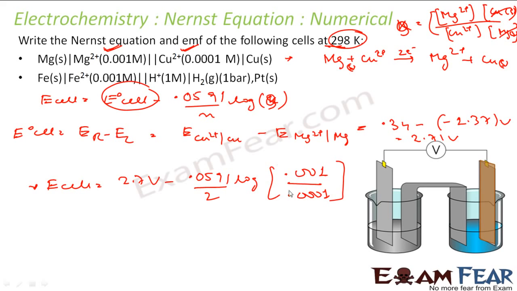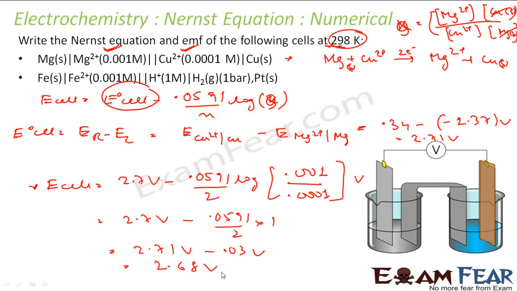So this becomes log of 10. Log of 10 is 1. So you solve this, it becomes 2.71 V minus 0.0591 by 2 into log of 10, which is 1. So 2.71 V minus 0.03 V. You solve this, it becomes 2.68 V. So that is my EMF for the first equation.